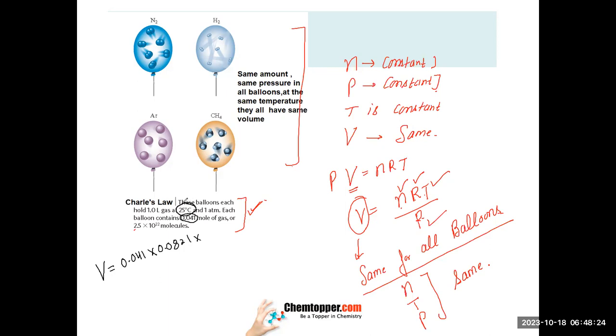Do I need to do anything with the unit of temperature? You go from degree Celsius to Kelvin. So 25 plus 273. Am I right, Arjun? Divided by pressure. Is pressure given? 1 atm. Can you calculate all these things? Are you getting 1 liter, children? Is this value equal to 1 liter? Yes, nearly 1 liter. Thank you very much, Arjun.